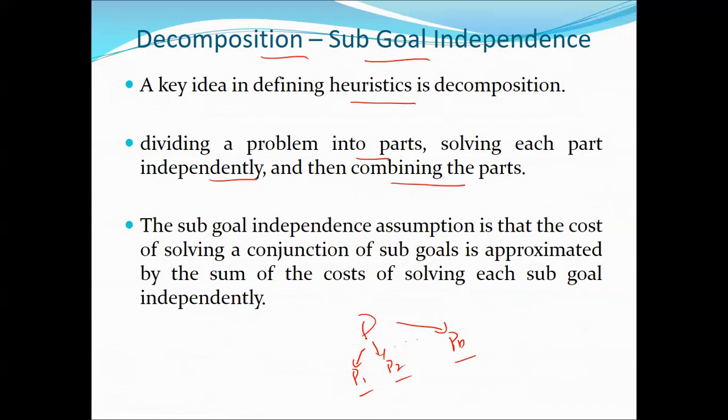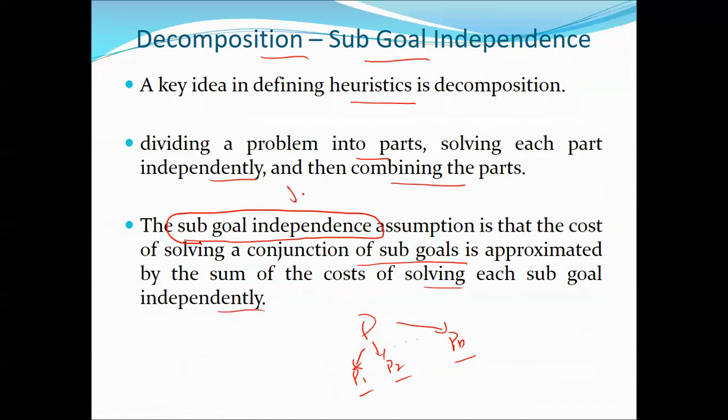Here we have an assumption, called the sub-goal independence assumption. That is, we assume that all these sub-goals are independent of each other. Only then will this technique be effective. The sub-goal independence assumption is that the cost of solving a conjunction of sub-goals is approximated by the sum of the costs of solving each sub-goal independently.